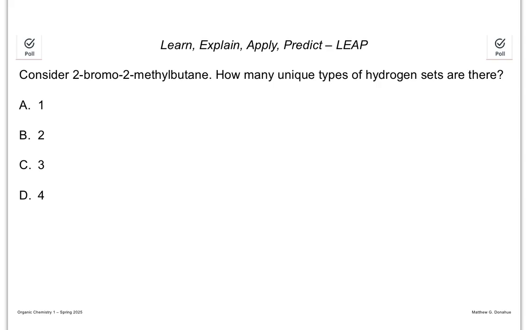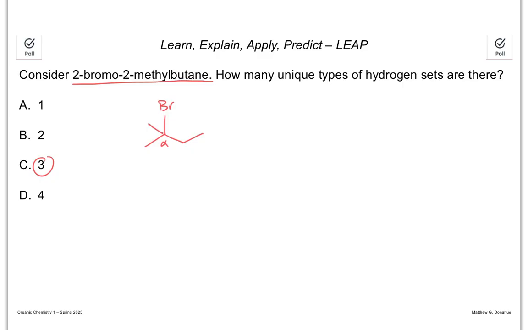I'm going to run through these questions pretty quick, in lieu of the time that we have. So now we have 2-bromo-2-methylbutane, there's our alpha carbon with the leaving group. How many unique hydrogen sets are there?